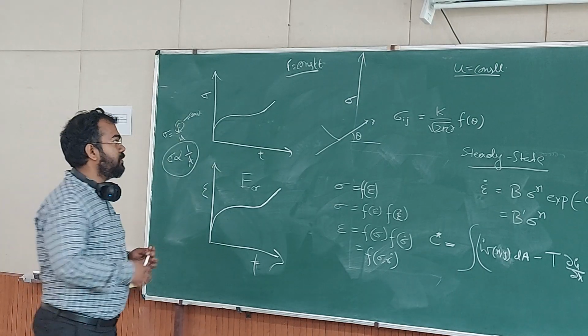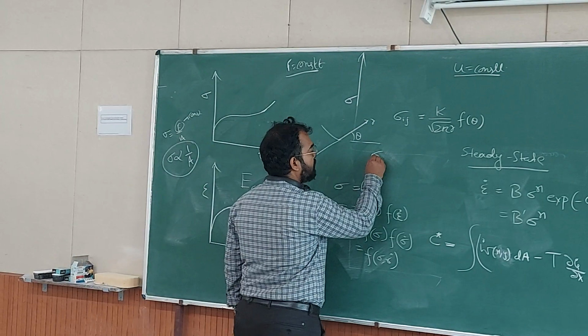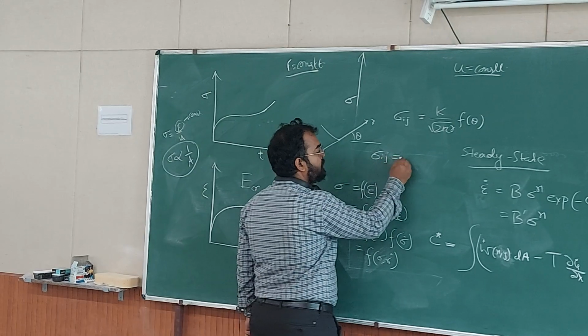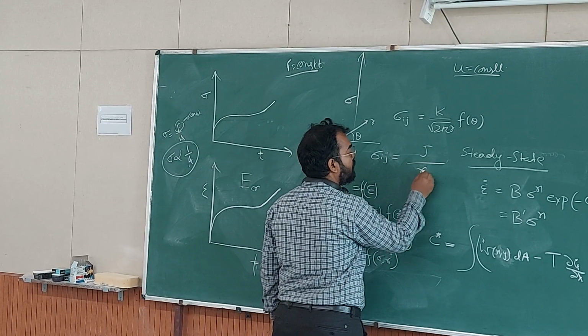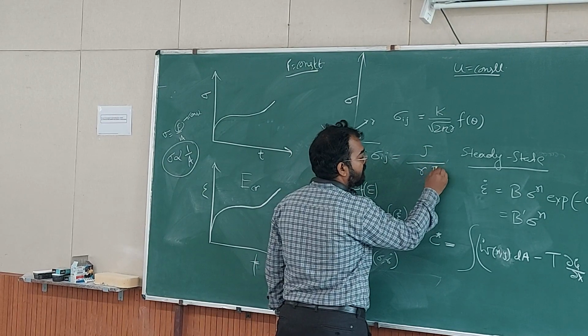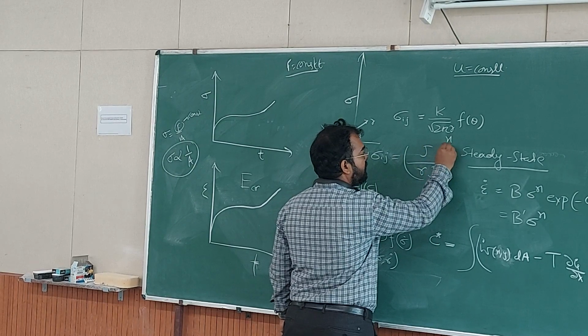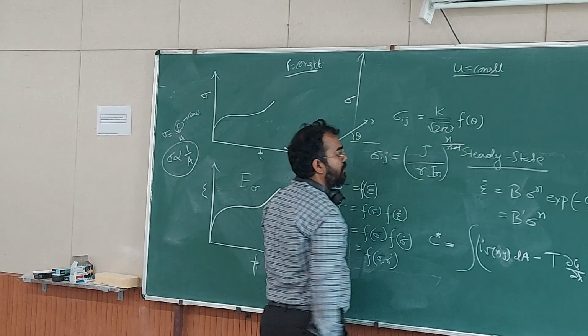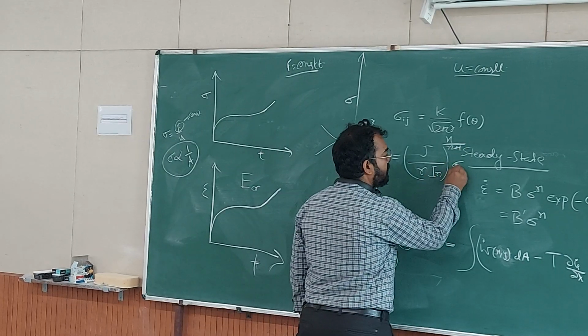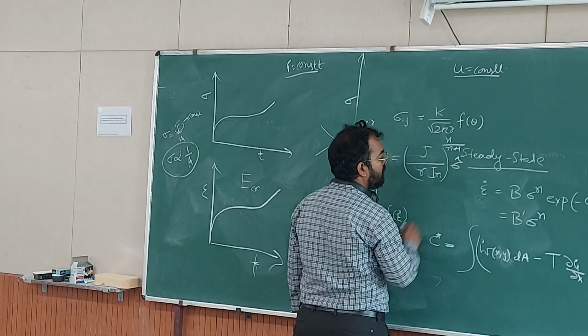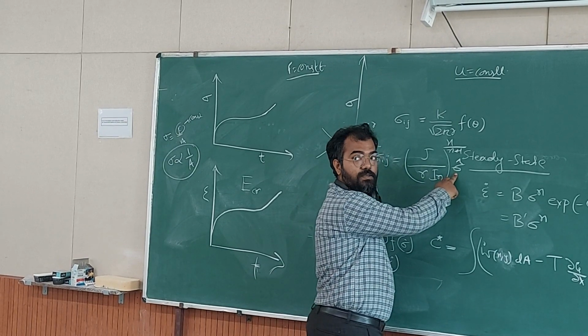Okay, so there sigma ij is a function of J and root r, and then you have an integration function and some other function, and then you have a theta function there.